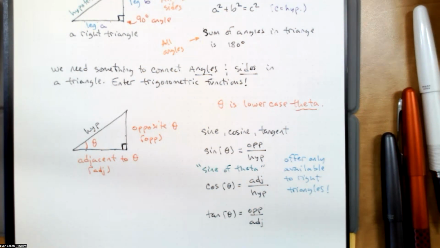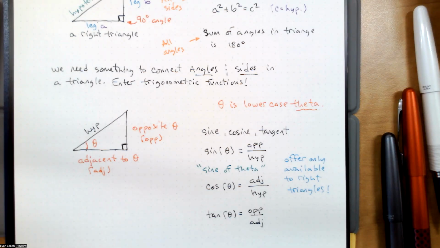What you need to remember right now, whether you knew it before or not, are these things that we know about right triangles. We know that the sum of the angles in any triangle is 180 degrees. In a right triangle, we know the Pythagorean theorem, a squared plus b squared equals c squared. And now in a right triangle, sine is opposite over hypotenuse, cosine is adjacent over hypotenuse, tangent is opposite over adjacent.